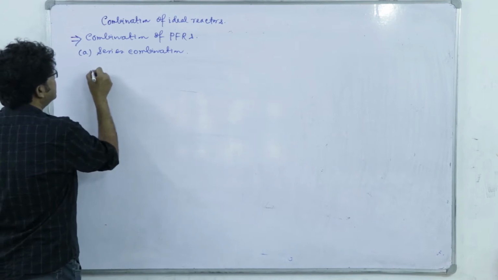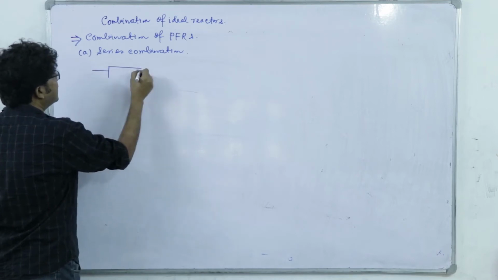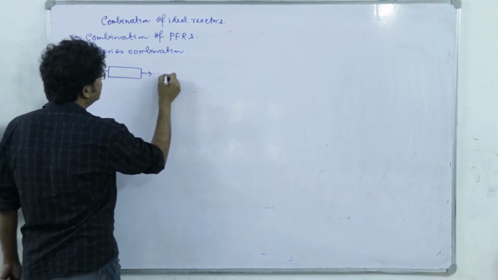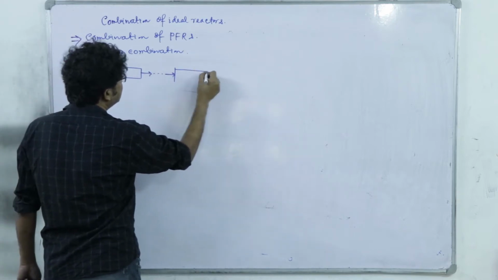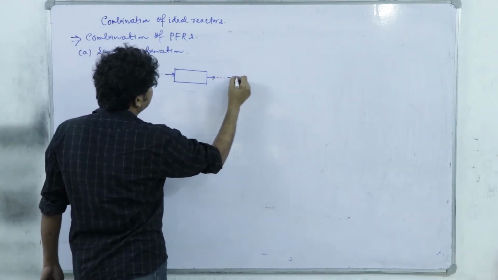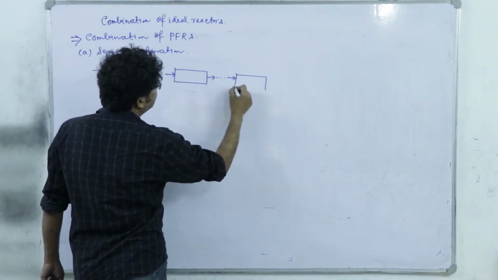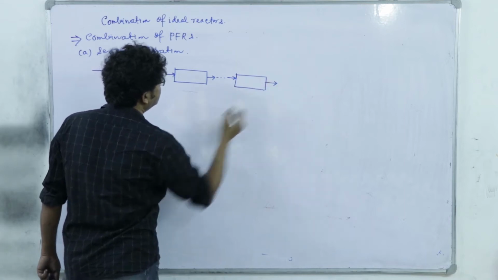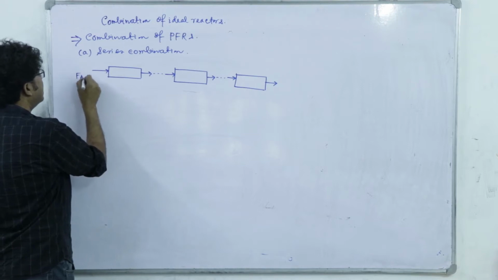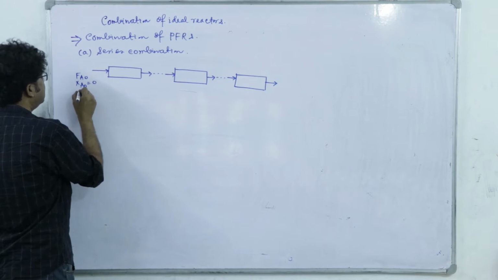So, what will happen if I connect n numbers of PFRs in series? Here it is Fa naught, Xa naught we will consider to be 0, V naught and Ca naught.